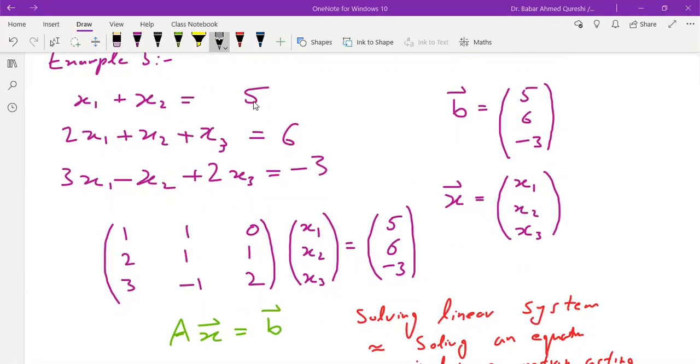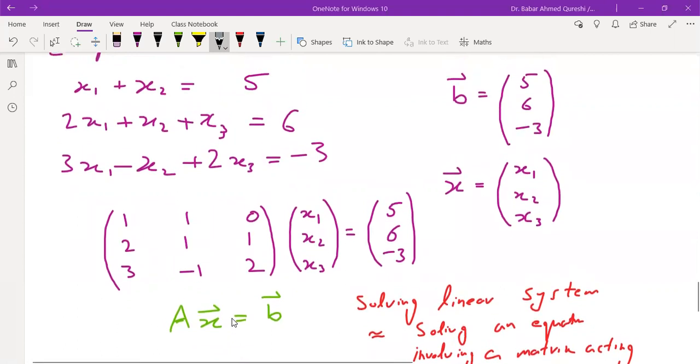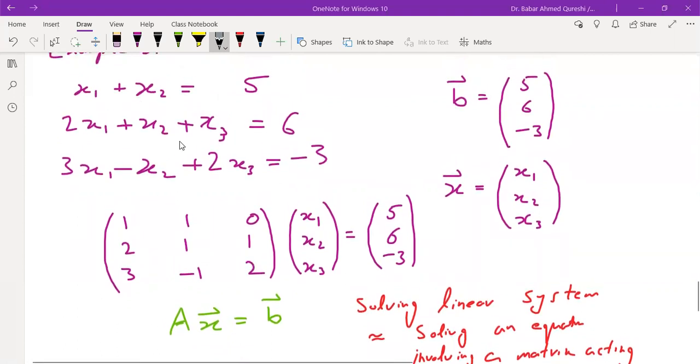You're gonna have a vector of constants, which is over here. I'm calling it B. Then a vector of variables, which is here, and the matrix of coefficients multiplying this vector of variables. Symbolically, I can write it like this, and that's just a compact notation for these linear equations.